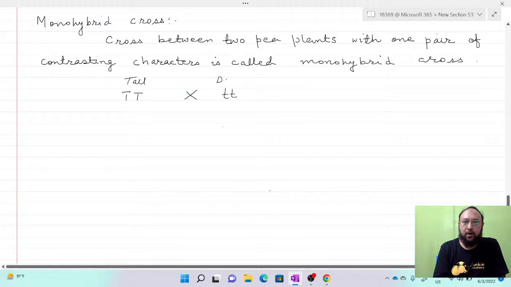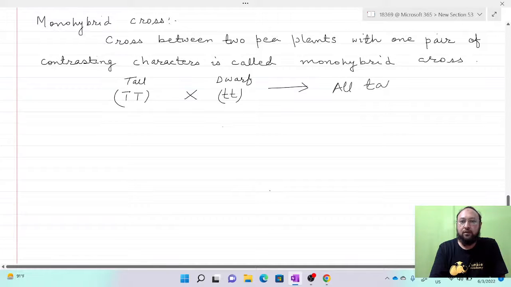After crossing, we obtained all tall offspring.